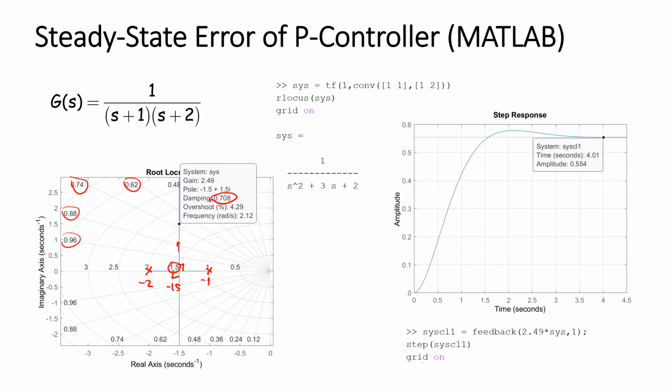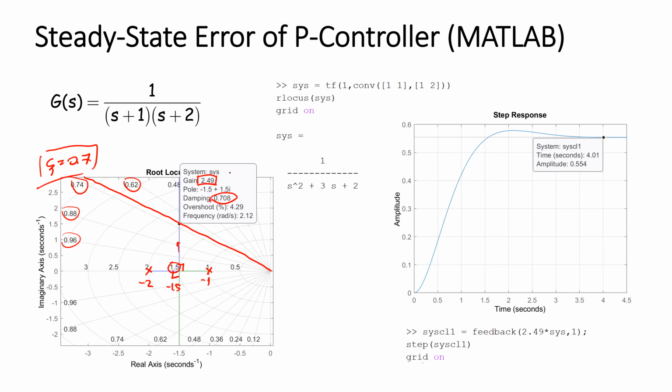Our requirement is damping ratio 0.7. At that point, the gain that we can use for proportional control is 2.49, and we still secure the desired damping ratio.